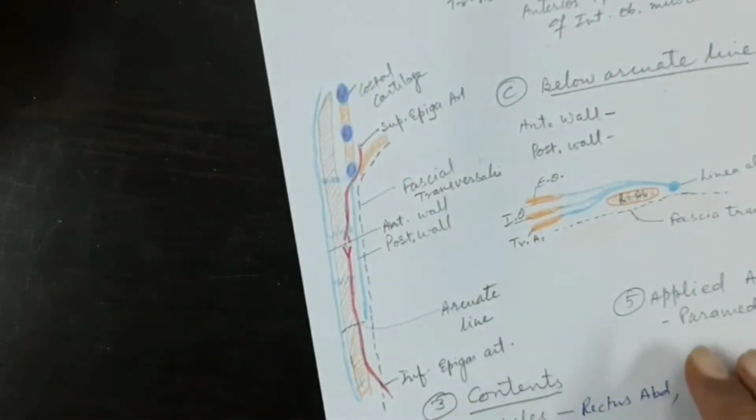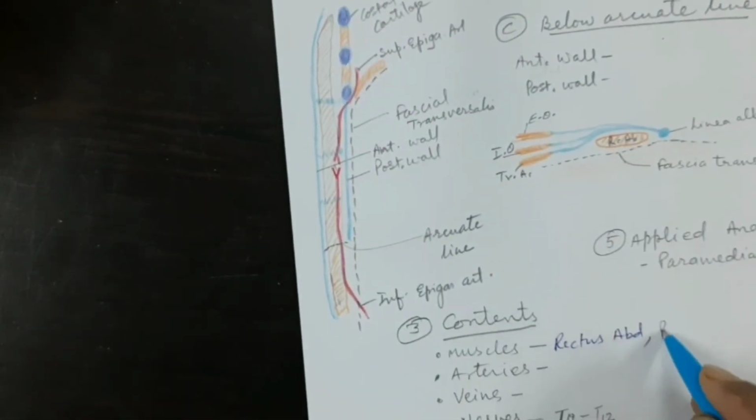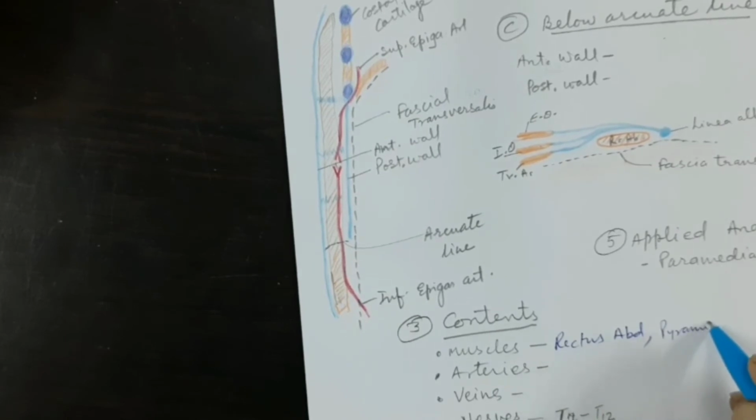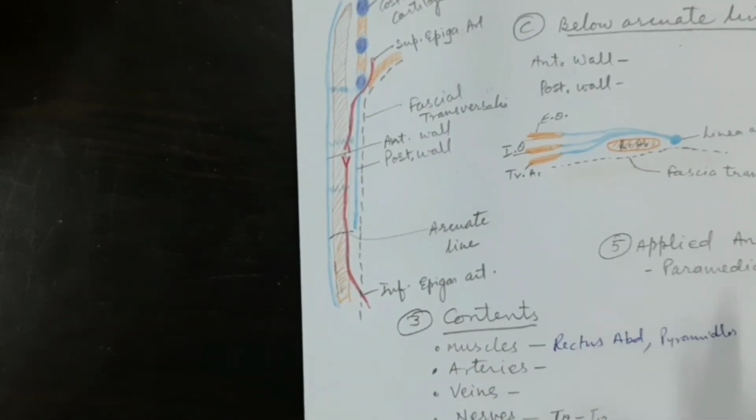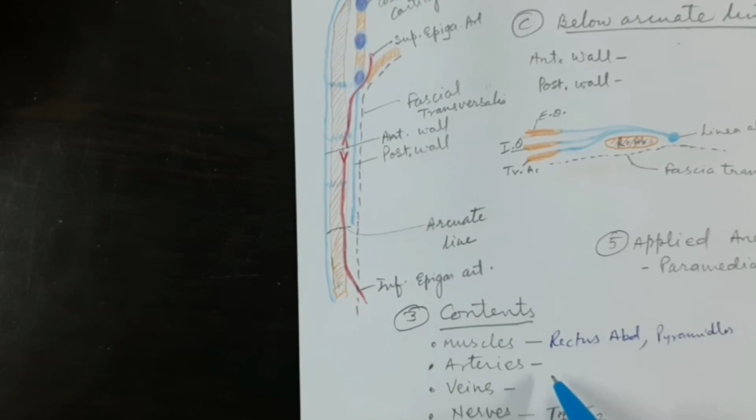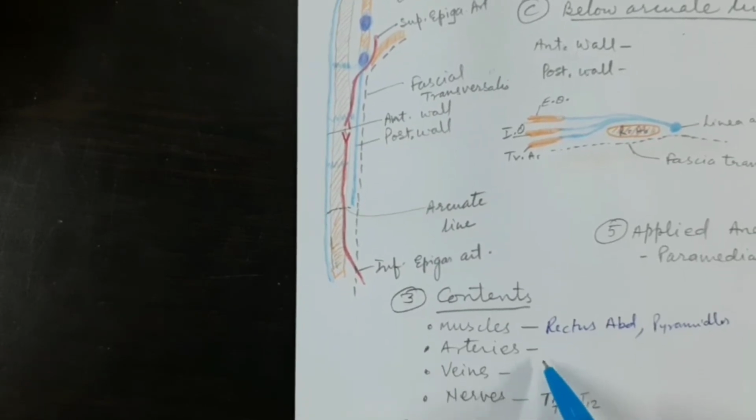This is called the pyramidalis. These are the only two muscles present within the rectus sheath. Then let us come to the second content, that is arteries.